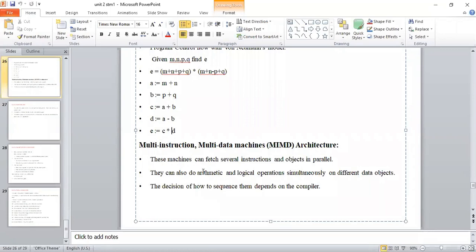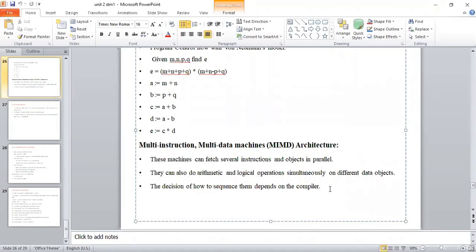So these machines can fetch several instructions and objects in parallel, and do arithmetic and logical operations simultaneously on different objects. Parallelly, it can do operations on different data objects. That is called multi-instruction. Decisions on how to sequence them depend on the computer.